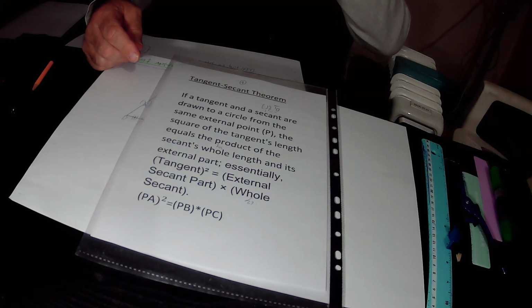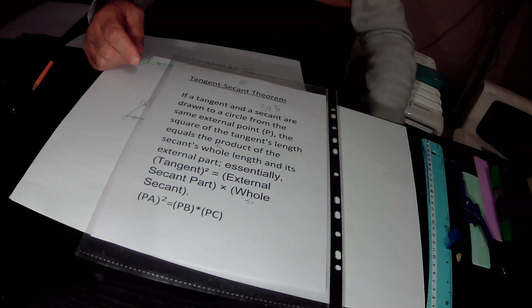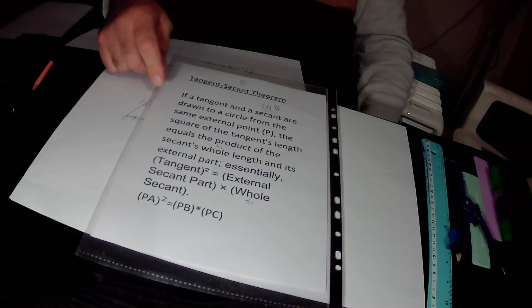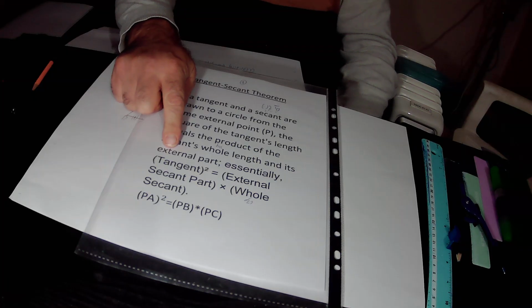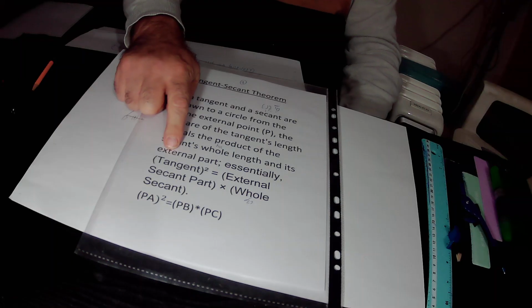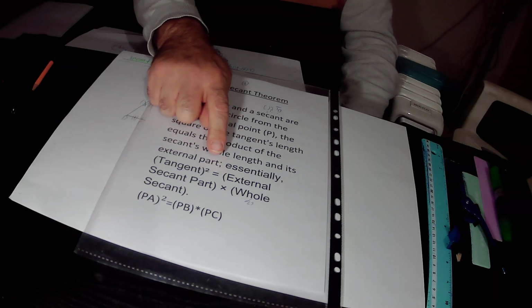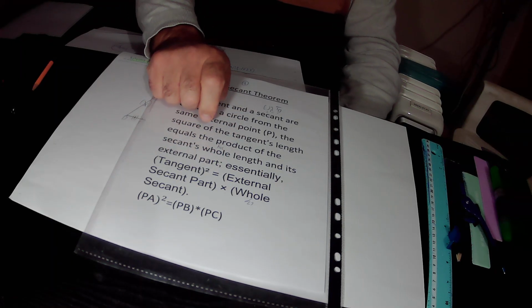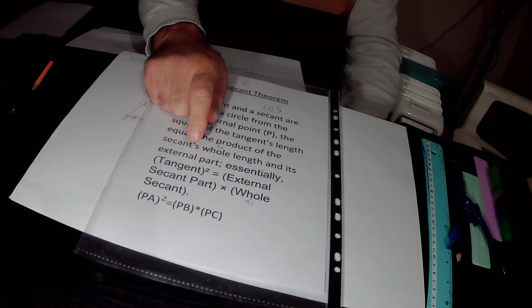Then the following equation is true. The square of the tangent length equals the product of the secant's whole length and its external part. Or PA square equals PB times PC.